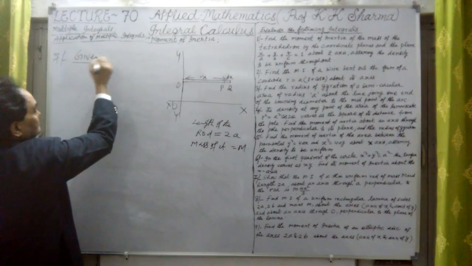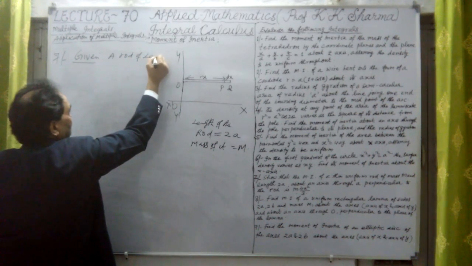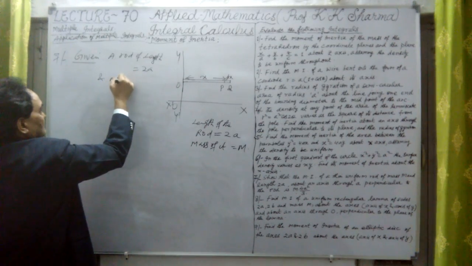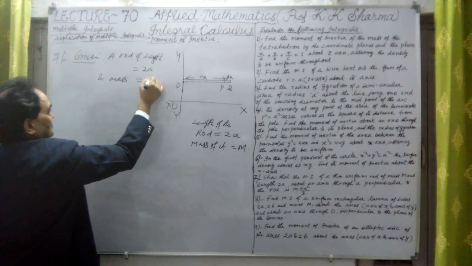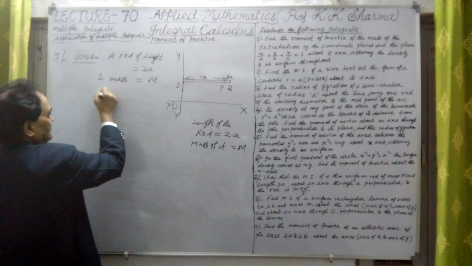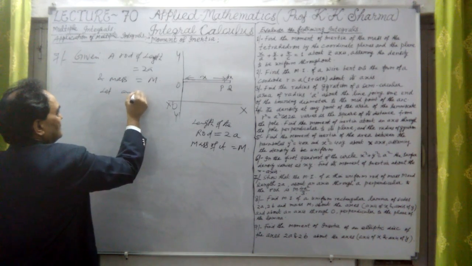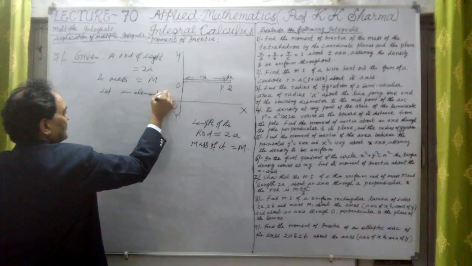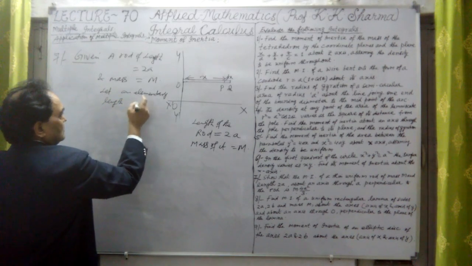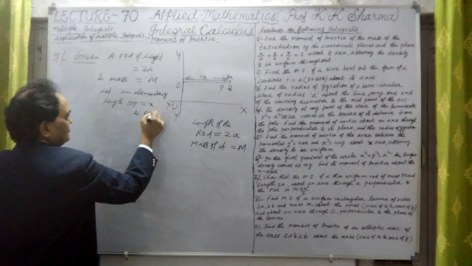So given here a rod of length 2a and the mass is equal to m, total rod. If I find out an elementary mass, P is equal to x and PQ equal to dx.